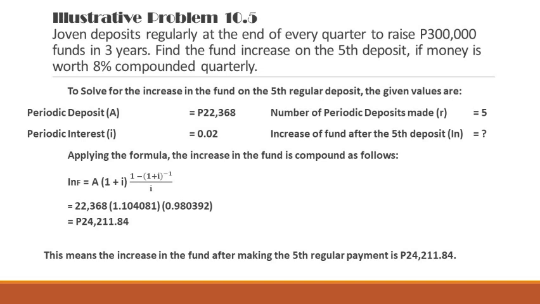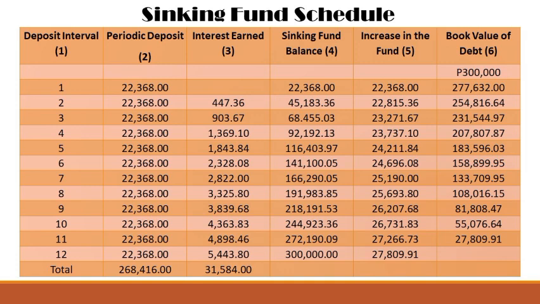By substituting these values, we get the value of the increased fund after the fifth deposit, which is 24,211 pesos and 84 centavos. So this means the increase in the fund after making the fifth regular payment is 24,211 pesos and 84 centavos.